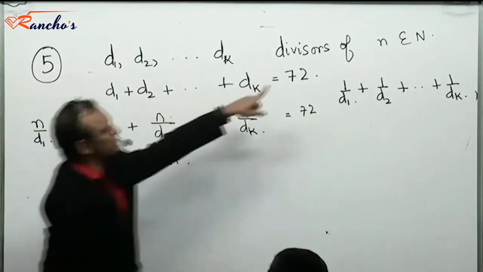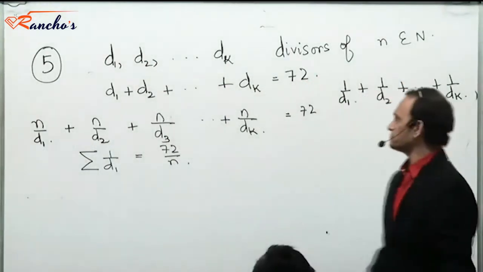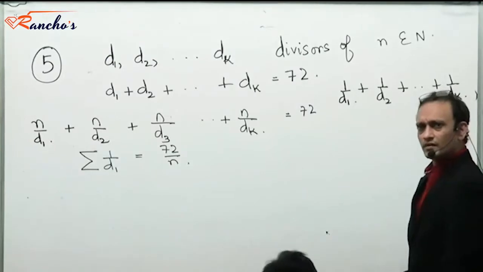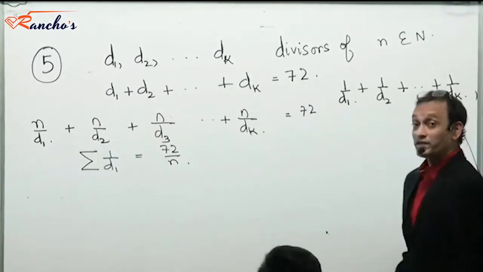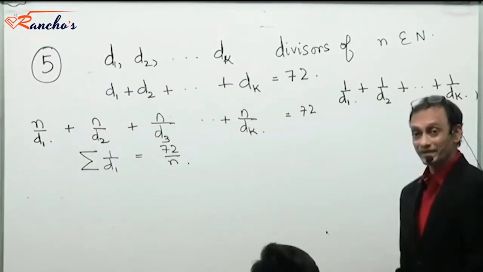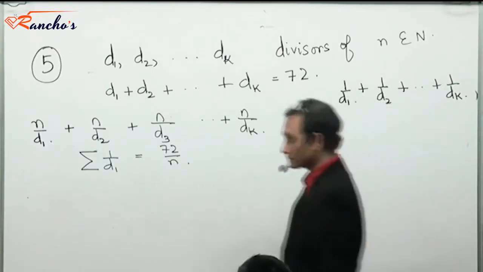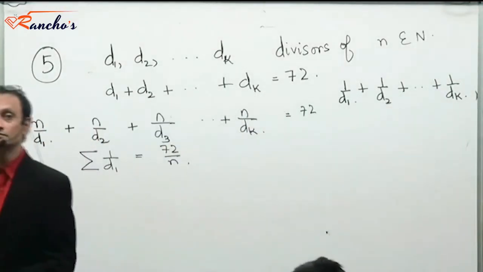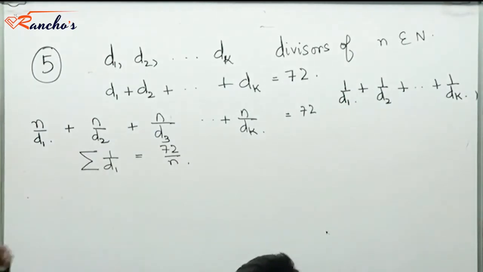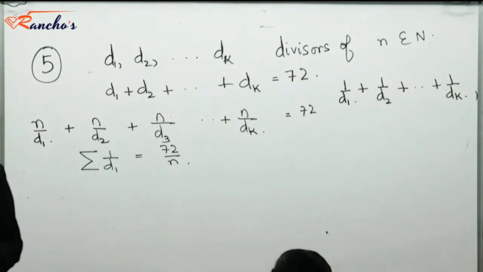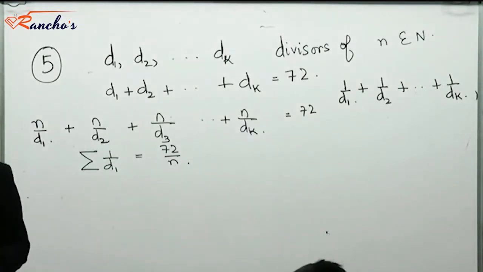No, but that's given. Some number n. So it depends on n then, right? How can it be? The sum of the divisors, will it be unique for every n?